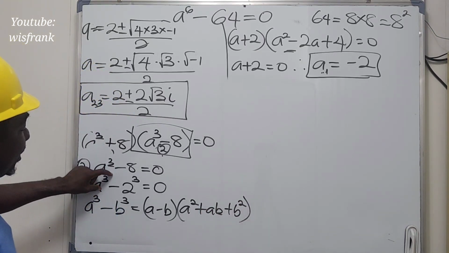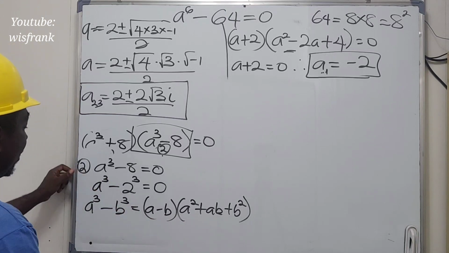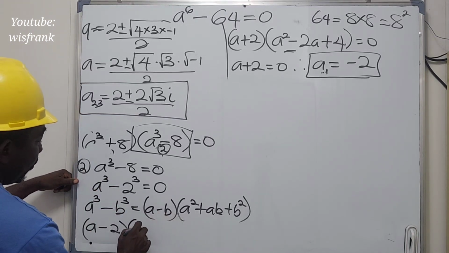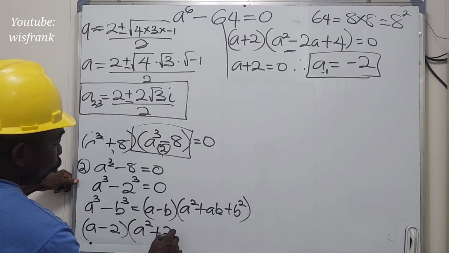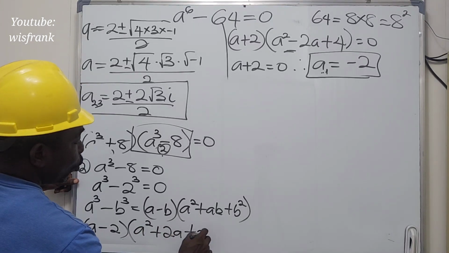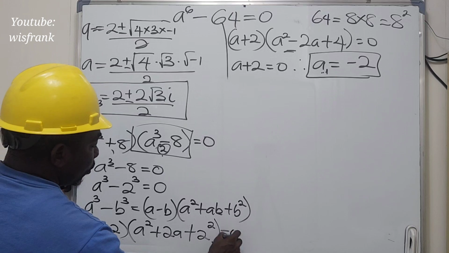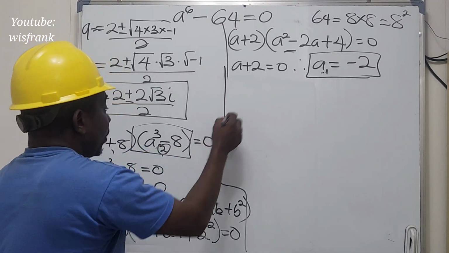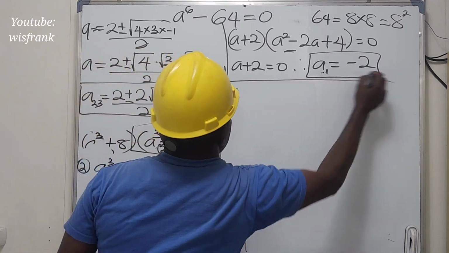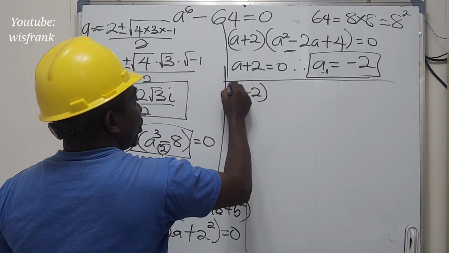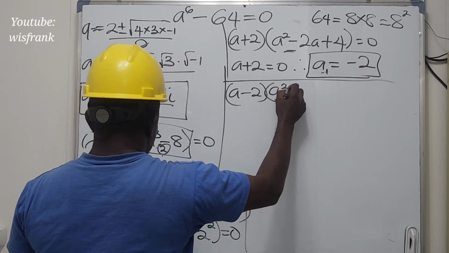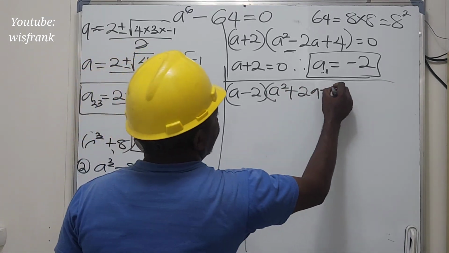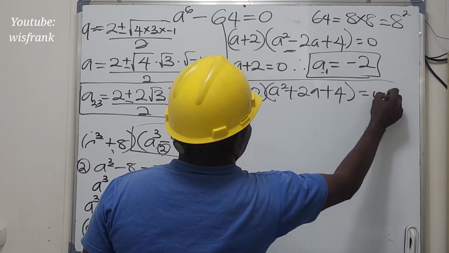Expressing this in this format, we have a minus 2 into a to the power of 2 plus 2a plus 2 to the power of 2, which is 4, all equals 0.